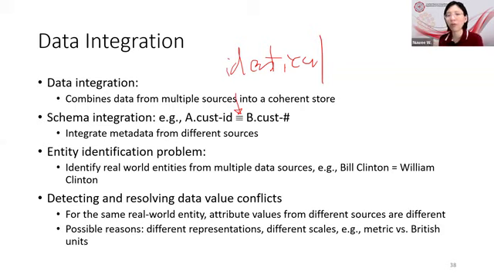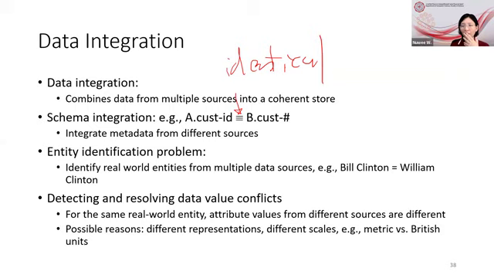One problem that you may find is that there are possibly some entity identification problems in the real world, right? Since the data comes from different sources, it could be possible that the source providers look at things differently. For example, one may use abbreviation, another may not. Bill Clinton is the same as William Clinton.